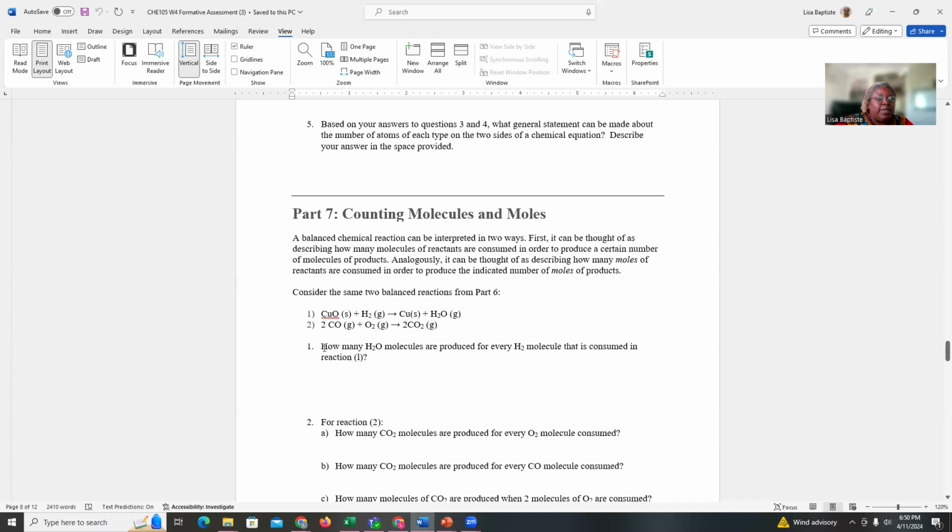And so if we're looking at H2O, in that first reaction, we have no number written for the coefficient. So if there's no number written, then it's understood to be 1. So that's 1 molecule of H2O for 1 molecule of H2. Okay, so that's all they're asking for in that first one.